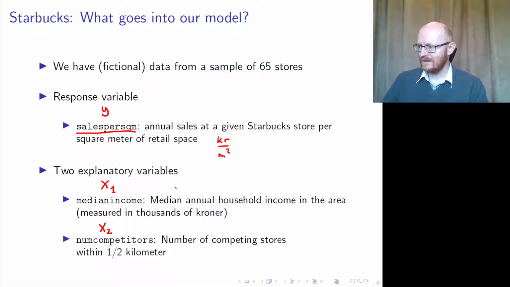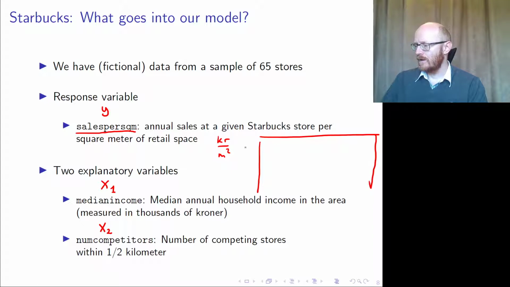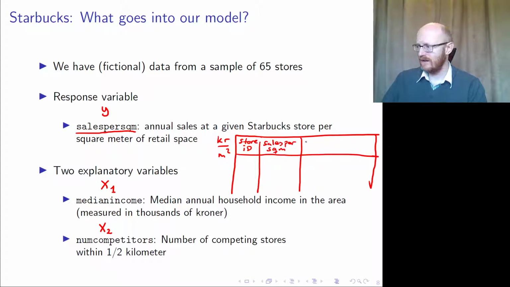So let's see. These data usually come in a table where you have the store ID, sales per square meter, the median income, and the number of competitors.